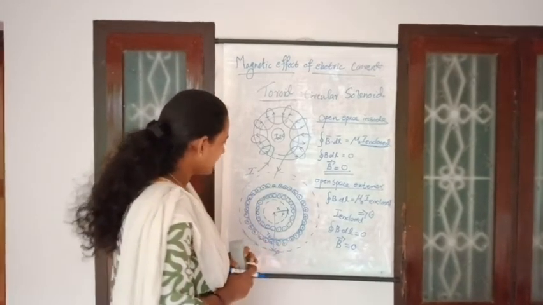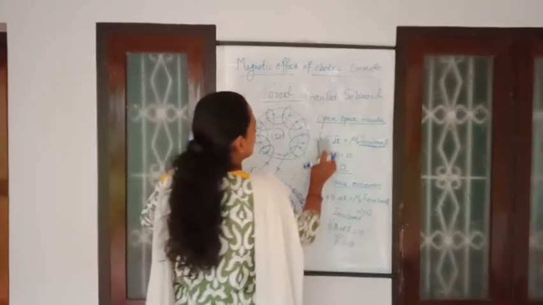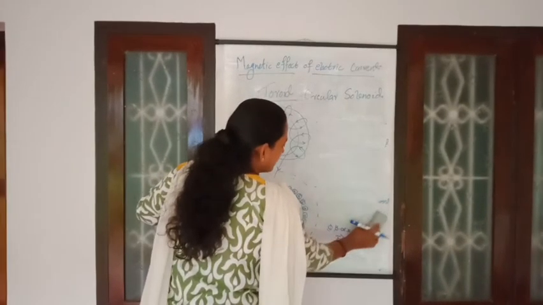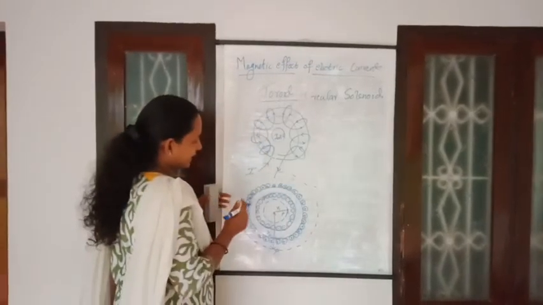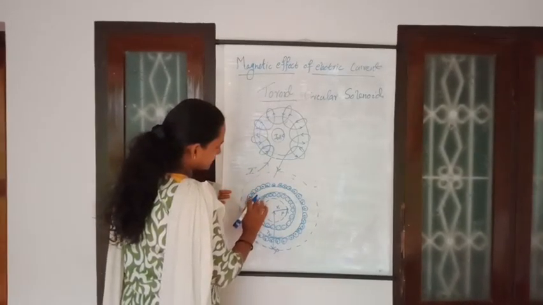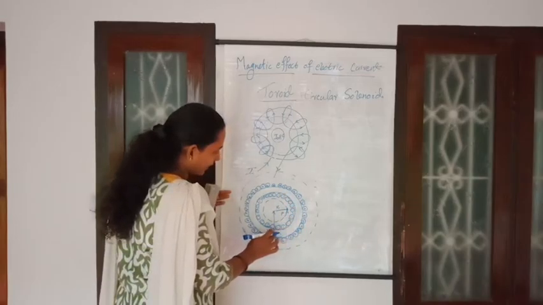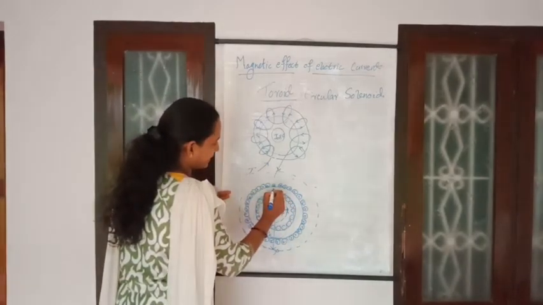Okay? And next, we want to find the magnetic field at a point inside this toroid. That means on the body, at a point P here.